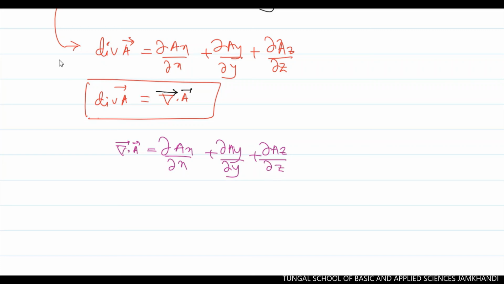Here x, y, z are the Cartesian coordinates, and Ax, Ay, Az are the individual components of the vector A along the x-axis, y-axis, and z-axis. So this is how divergence is mathematically defined.